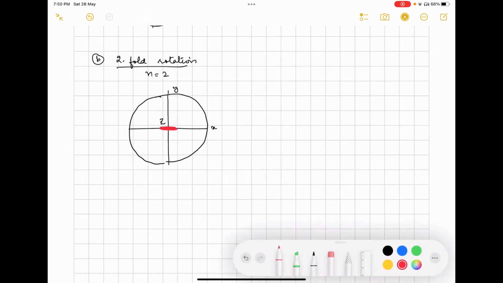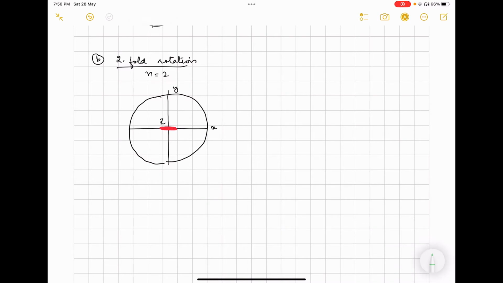Suppose you have a point here and you rotate it by 180 degrees. It will land up here. Then again, it has to be rotated by 180 degrees and it lands up at its initial position. So it leaves 2 points. So order is 2.